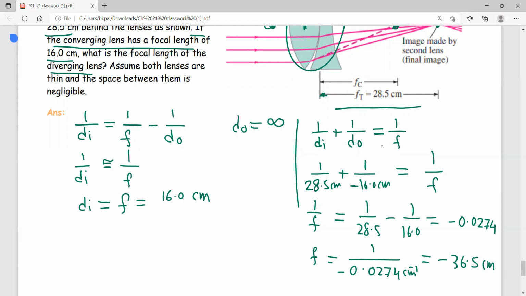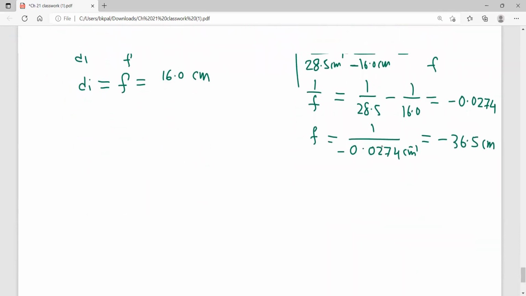So the focal length for this one is minus 36.5 centimeter, and it makes sense because we get a negative sign, and a negative sign is for a diverging lens. For a diverging lens, focal length should be negative, and that makes sense. So the focal length of the diverging lens is negative 36.5 centimeter. All right, so that's it for this chapter.